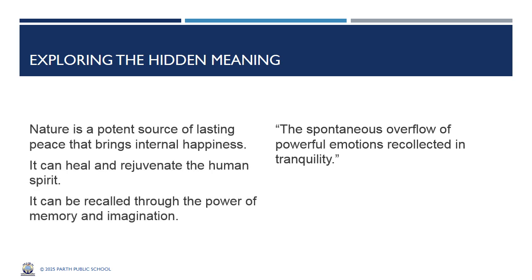Now, based on this, the hidden meaning of the poem is that nature is a potent source of lasting peace which can bring you internal happiness. Nature has the power to heal and rejuvenate the human spirit, and this power can be recalled through memory and imagination of human beings. Okay?